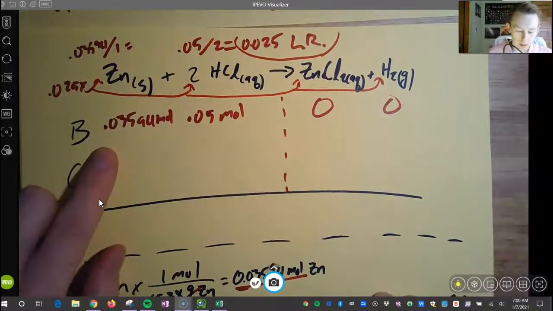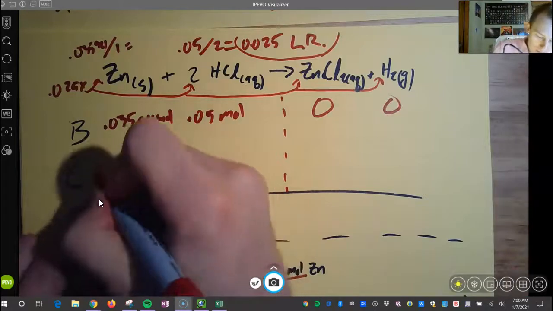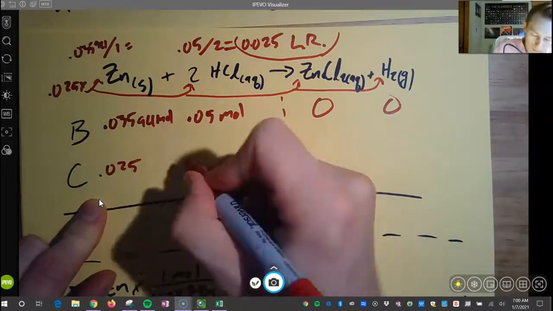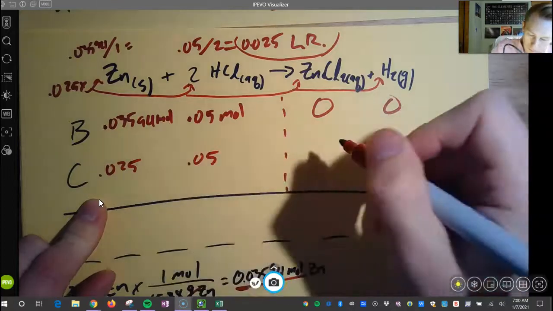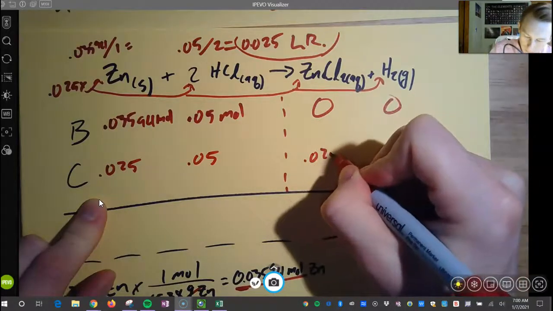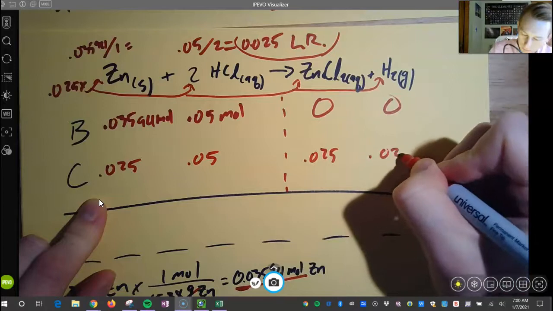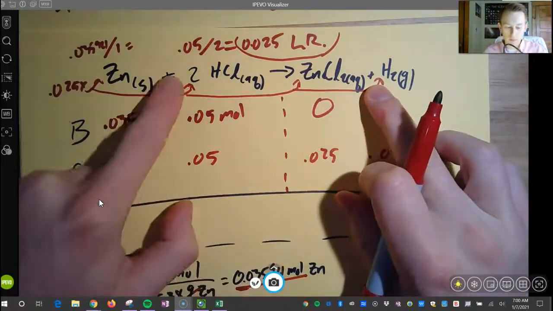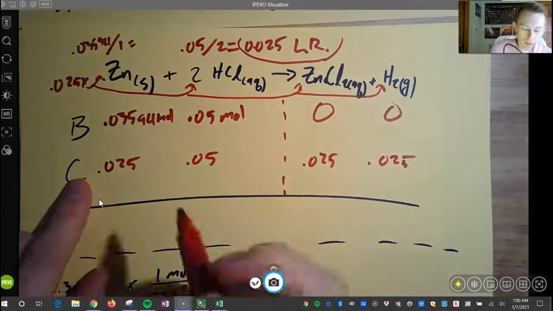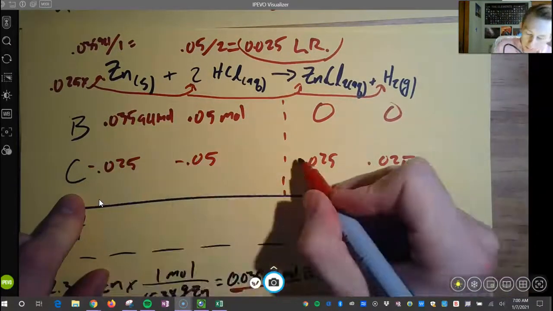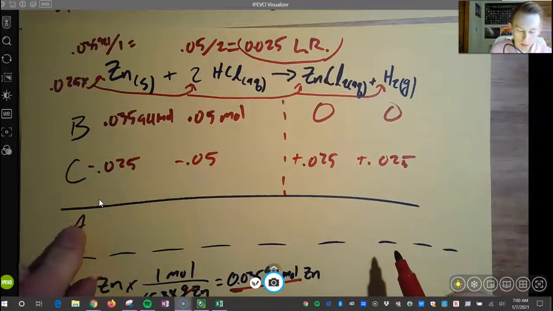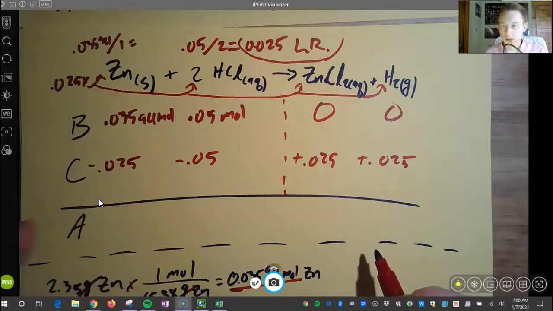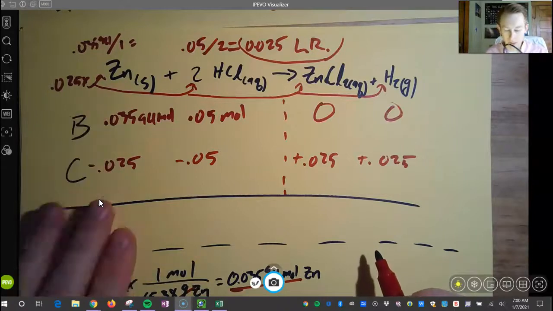Okay, and so then I come in here. Multiply by 1, multiply by 1, multiply by 1, multiply by 2, and we're going to lose our reactants, gain our products. So I don't need to calculate this because the question doesn't ask anything about zinc, so I'm not even going to bother.